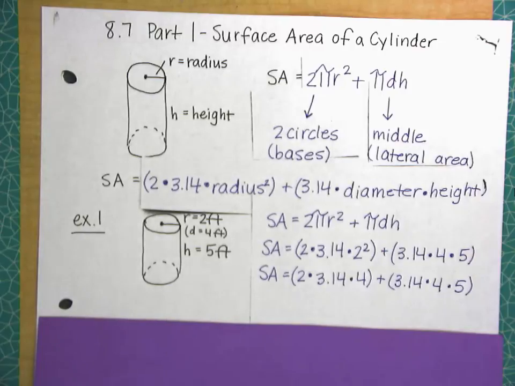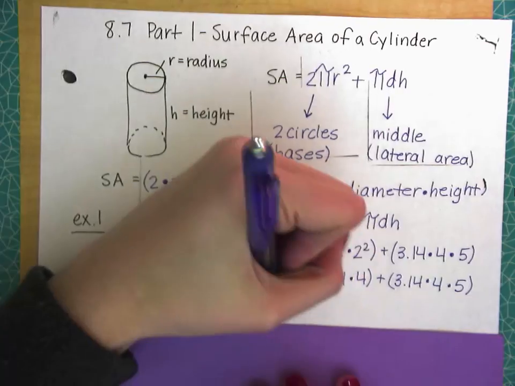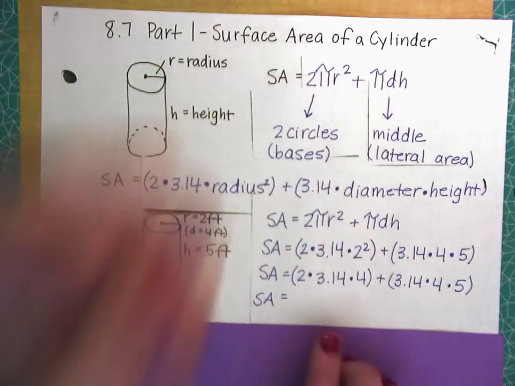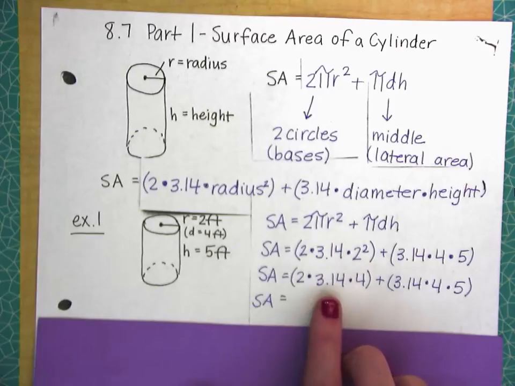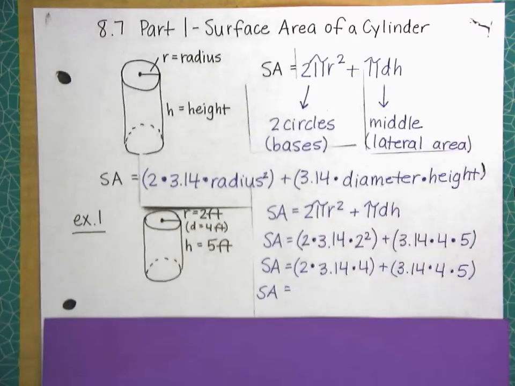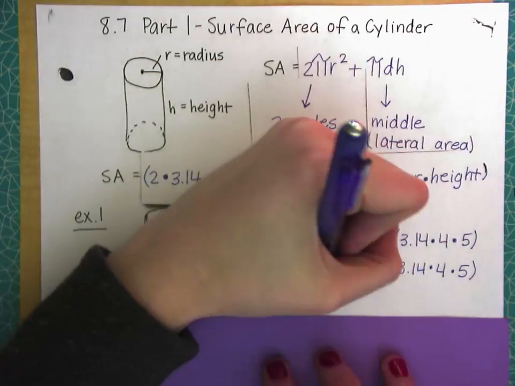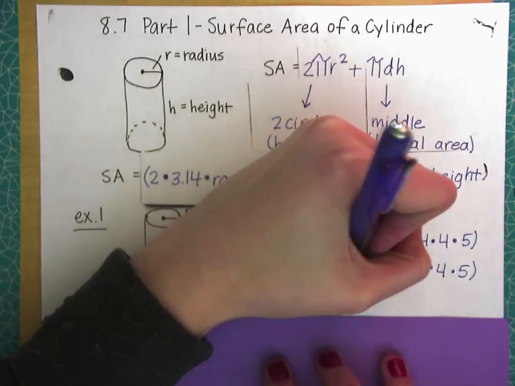All right, now what can I do? I can multiply them together. So on this left side, I'm going to multiply 2 times 3.14 times 4. Raise your hand if you can tell me what we'll get. Christopher? 25.12.